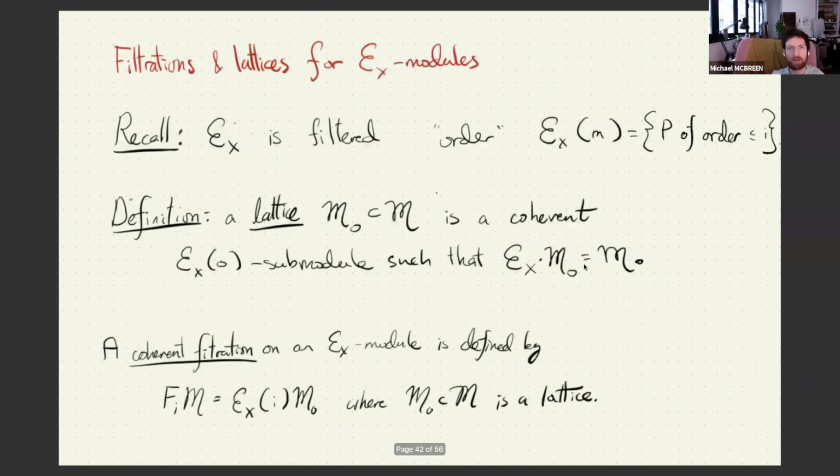Okay, so to construct this canonical one, we need some more general microlocal notions. Basically, we're going to define the notion of microregularity for EX modules.